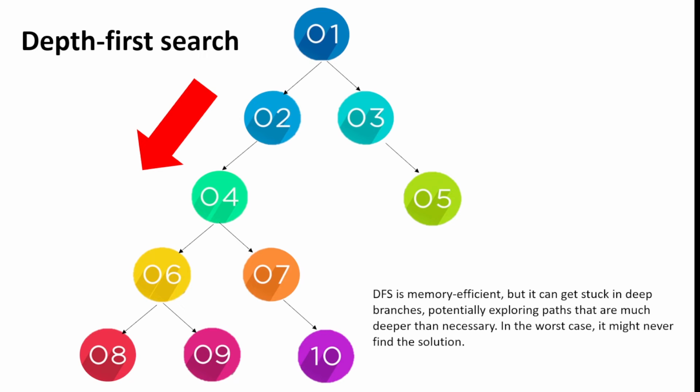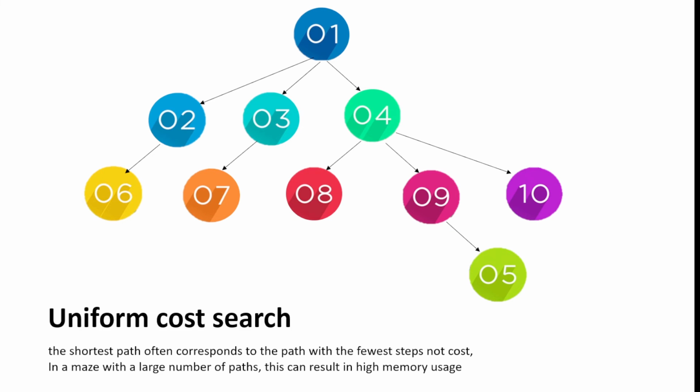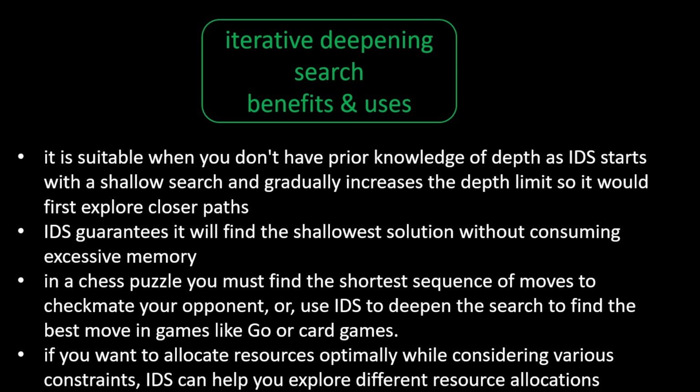The depth first search will just keep going into deep branches, and it might not even find the solution in the end. The depth limited search, well, that might not even find the answer, and it could become very expensive because it's looking through so many nodes. And we don't really have any cost, so the uniform cost search is just wasting memory.